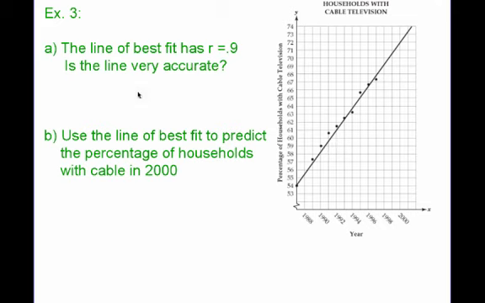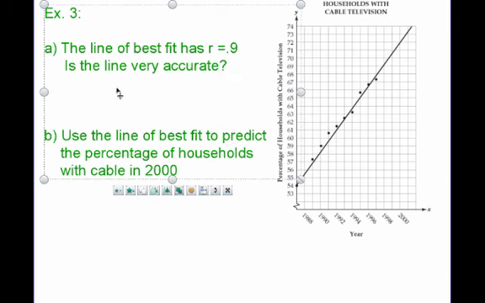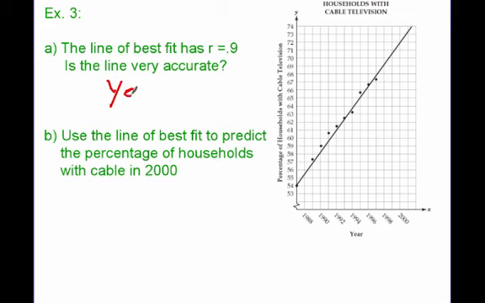But if we look at the question, it says the line of best fit has an R of 0.9. Is the line very accurate? Well, 0.9 is pretty close to 1, in which case we're going to say, yes, this is an accurate line, right? The closer R is to 1 or -1, the more accurate the line is.